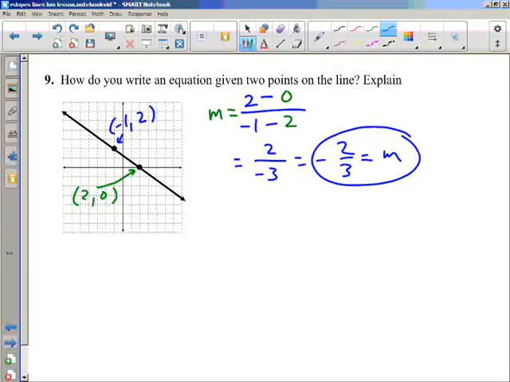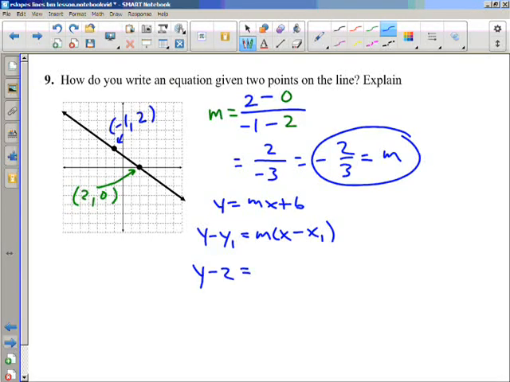We don't know the y-intercept, so we can't plug into y equals mx plus b. We need to use point-slope form, which is y minus y1 equals m times (x minus x1). So we plug in either point and we get y minus 2 equals negative 2/3 times (x minus negative 1), so x plus 1.